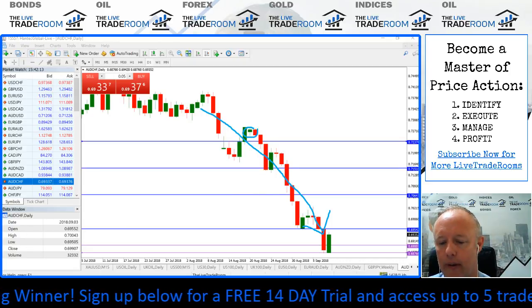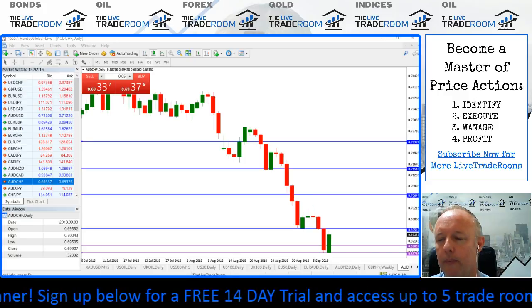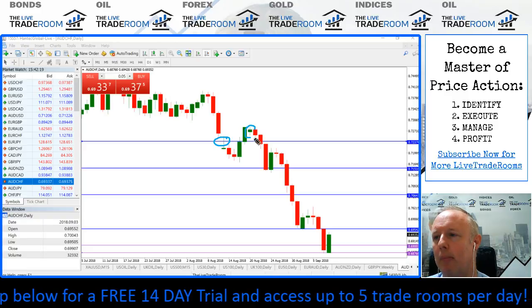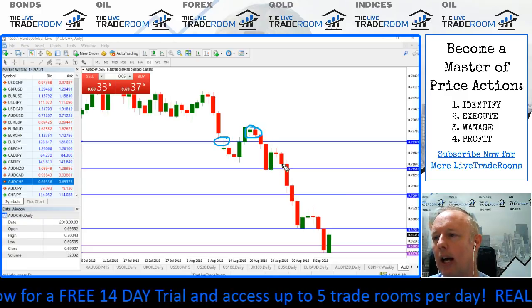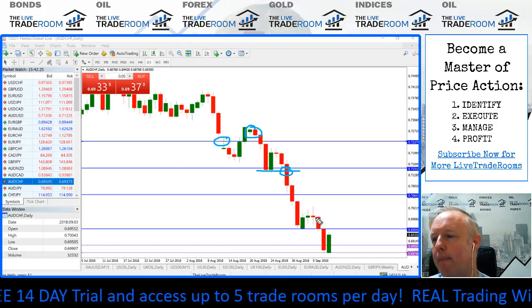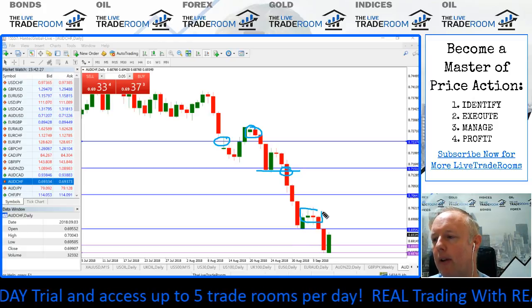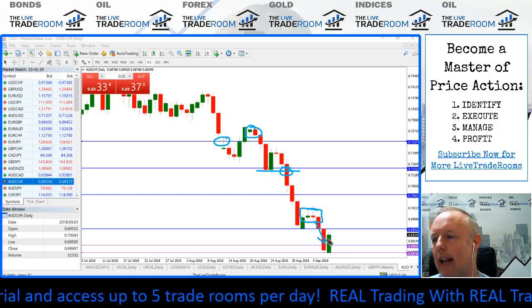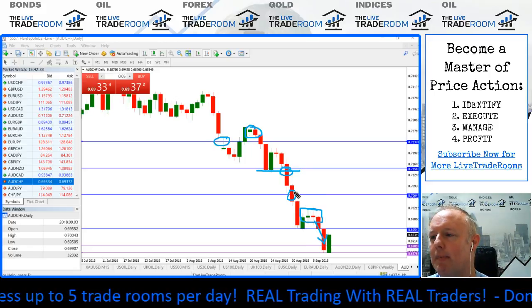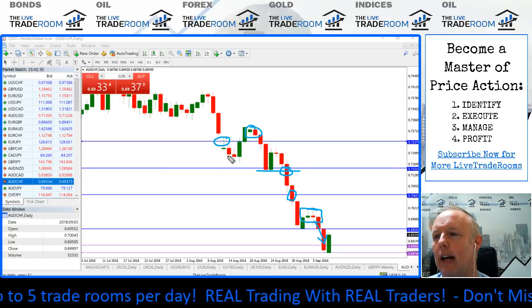If I just take this off, look for multiple opportunities to sell this market depending on this price action. Maybe a breakout trade, and maybe identifying a bit of resistance at these levels to take it to the next trade. So there'll be loads of opportunities for us to get into this market to the downside.